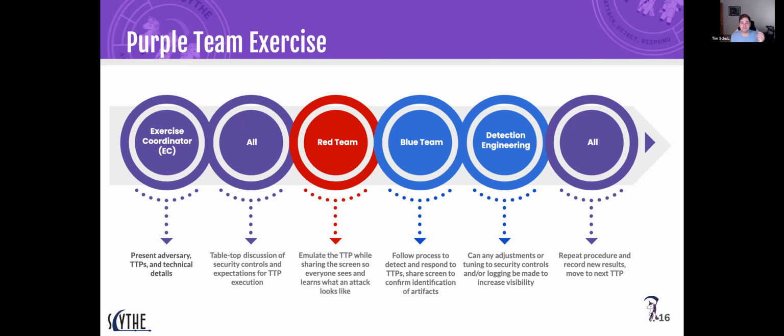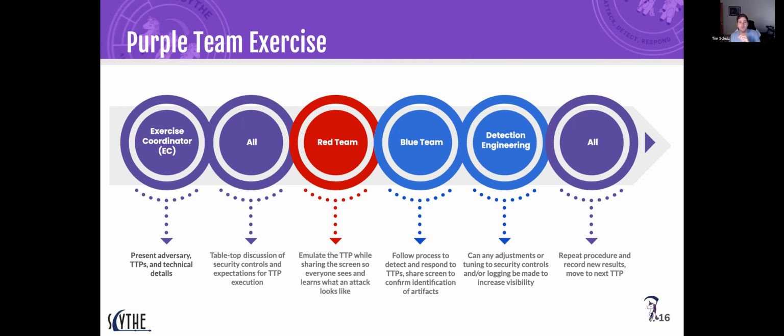You have a tabletop discussion of just what are we expecting, right? When we execute this command, is this going to be a block? Is this going to be a detect? Is it going to be an alert? Writing all of that down, and then to another level of detail, which tool do we expect to do that? Especially in environments where you have multiple overlapping tools, this might not be as easy a question to answer as you think.